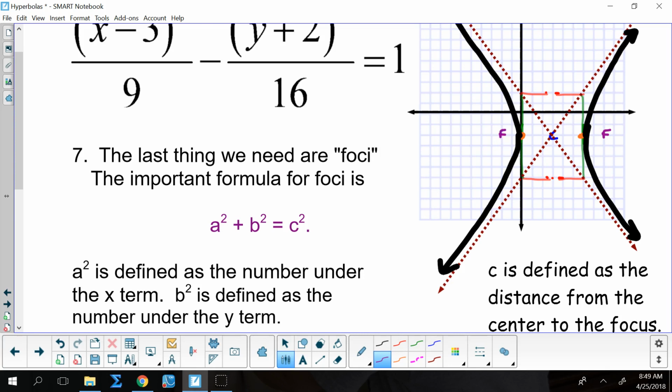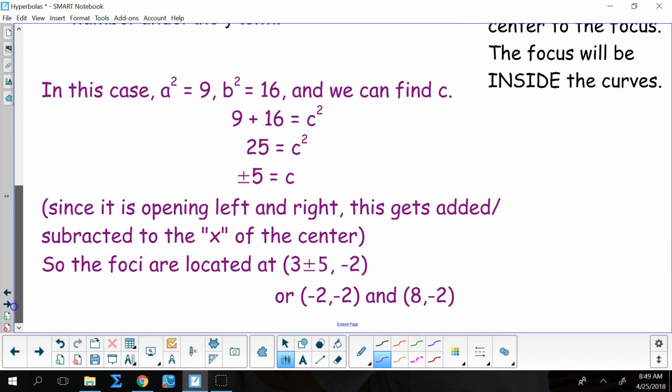So there are my two focus points. The center again was at 3, negative 2. So we're going to add to the x because it's left and right. So 3 plus 5 is 8, negative 2. 3 minus 5 is negative 2, negative 2.